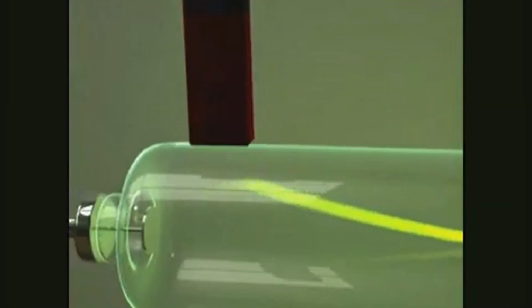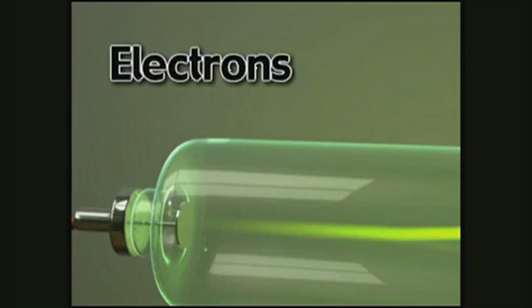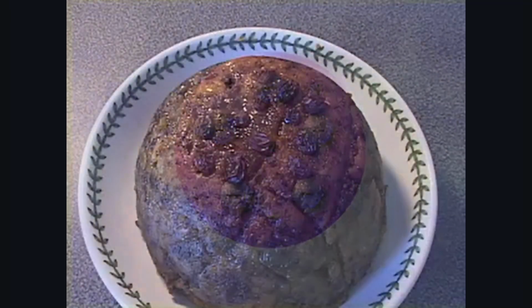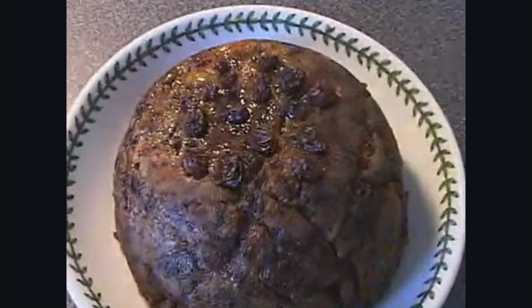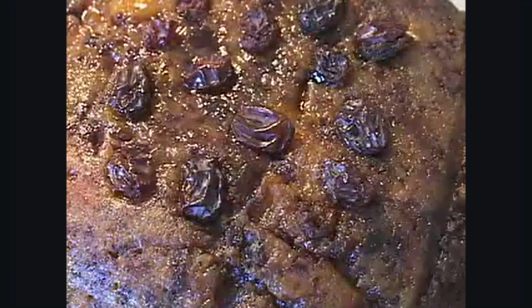Thomson observed that when a magnetic charge is introduced, the rays are deflected. Thomson reasoned that the rays were made up of negatively charged particles. Today, we call these negatively charged particles found in atoms electrons. Thomson also hypothesized that positively charged material existed in the atom. In his model of the atom, he proposed that an atom was made of a positively charged material in which negatively charged electrons were scattered. His model of the atom became known as the plum pudding model. He envisioned small electrons embedded in the atom, much like raisins embedded in a plum pudding.